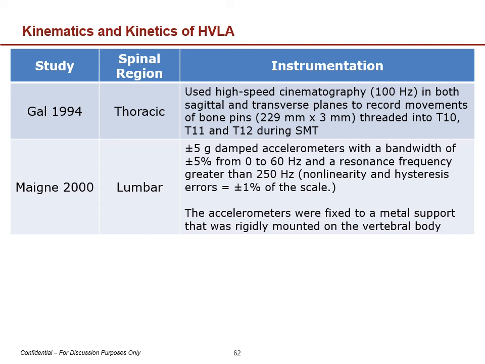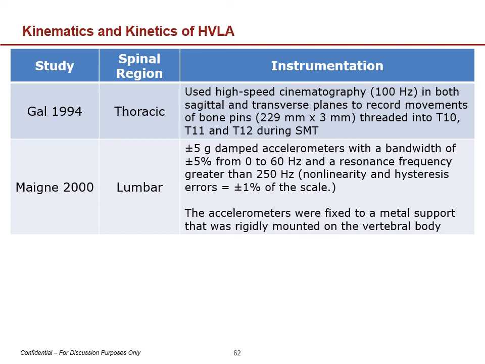And then May, 2000, in the lumbar spine, used 5-gram damped accelerometers with a bandwidth of 5% from 0 to 60 hertz and a resonance frequency greater than 250 hertz. This is for those of the audience who are quite familiar with the instrumentation of accelerometry and being able to discern the significance of this.